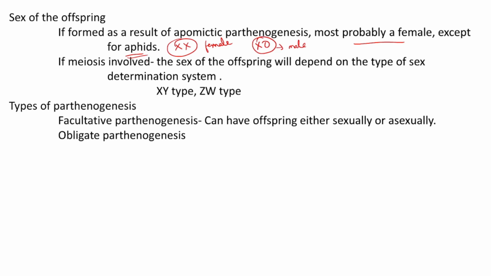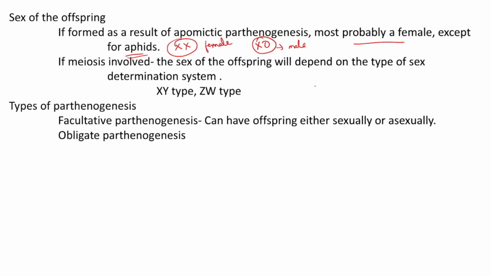Okay. Then coming to half clones. Half clones means those offspring that develop after undergoing meiosis. The sex of the offspring is determined by what type of sex determination system exists in that species.